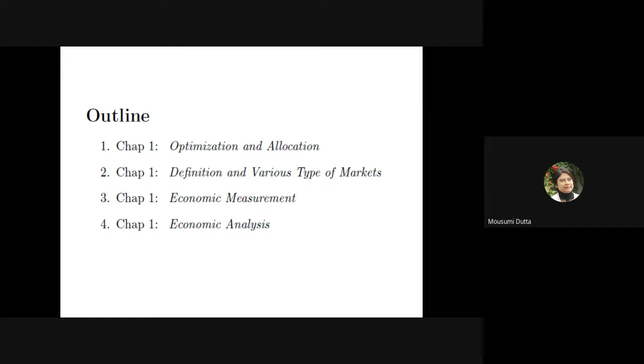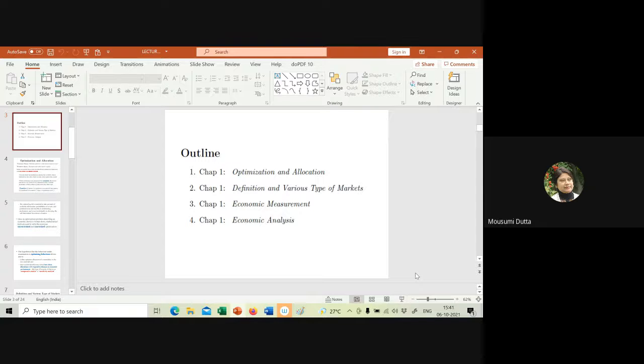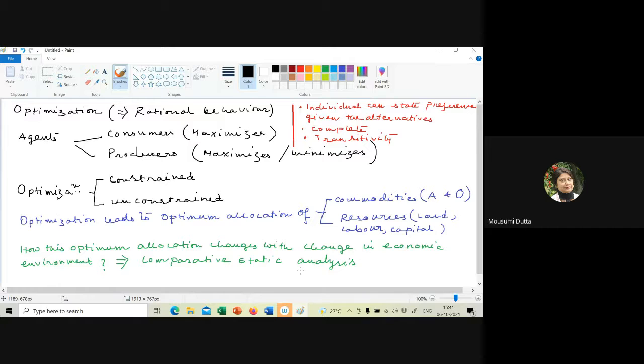We will go for optimization, and with the help of optimization, ultimately we will go for optimum allocation. So last day, I started to talk about this optimization procedure. Since a group of students were not there, I'm just briefing.